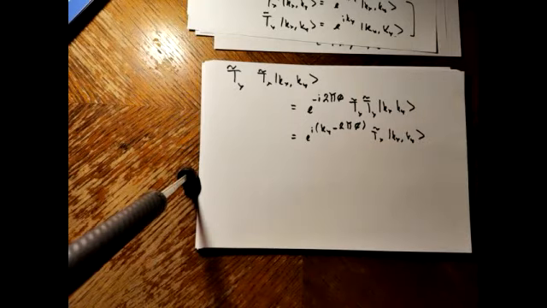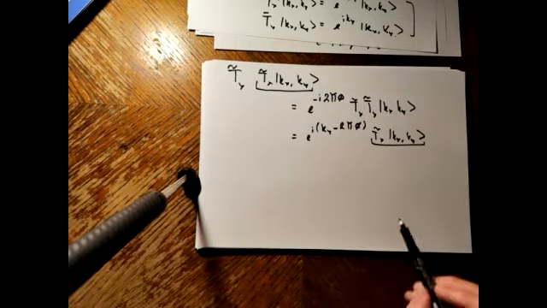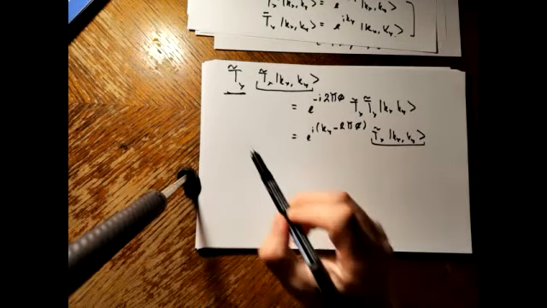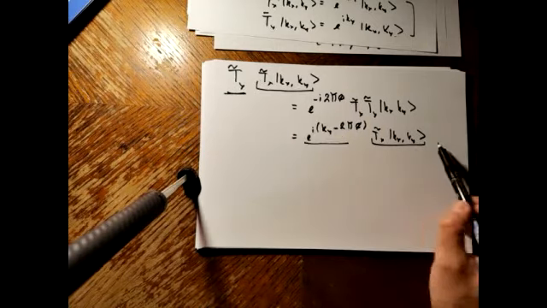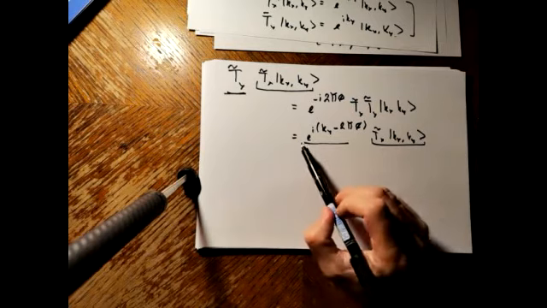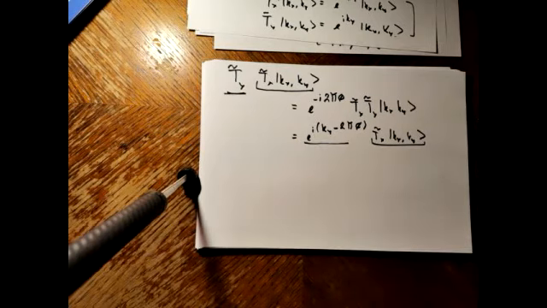So what did we find? If I consider this as a state, then t̃y acts on this state and gives me the same state back, so it's an eigenstate with eigenvalue e^{i(ky - 2πφ)}.